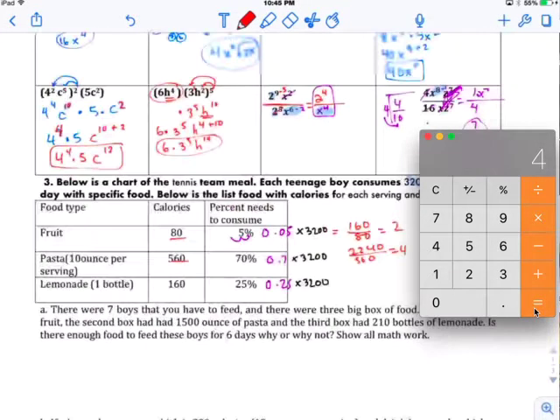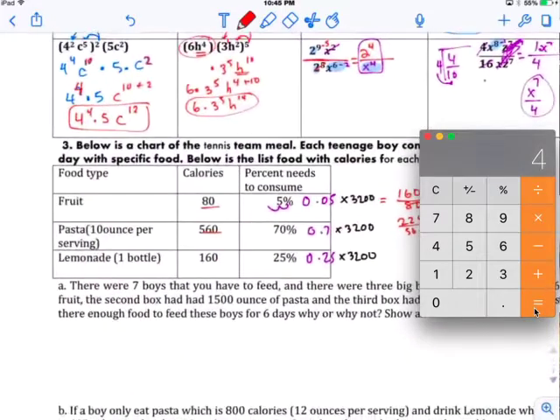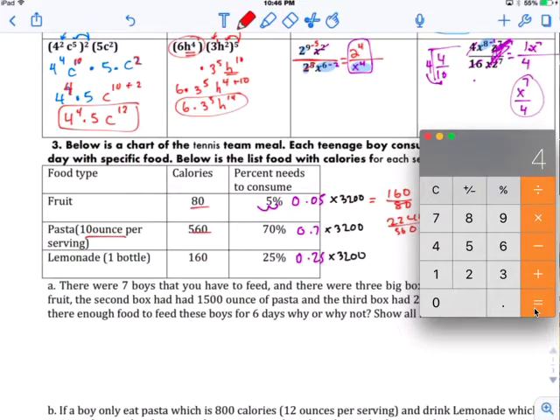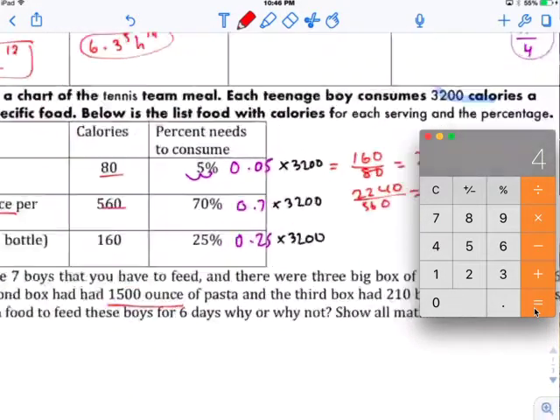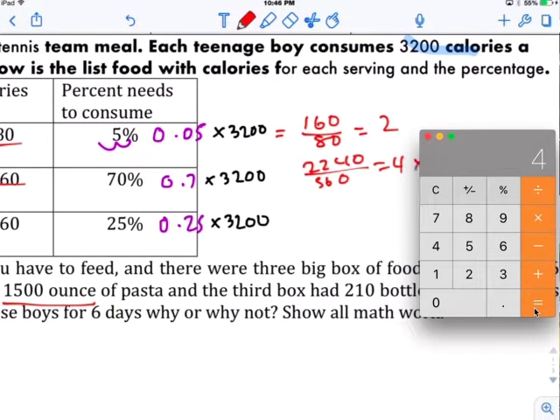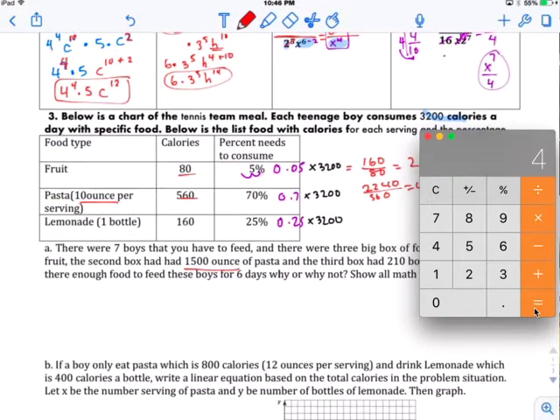for pasta. It's 10 ounces each, and they want this in ounces. So times that by 10, you get 40 ounces. Okay, and this is for one day, one person, right? Lemonade.